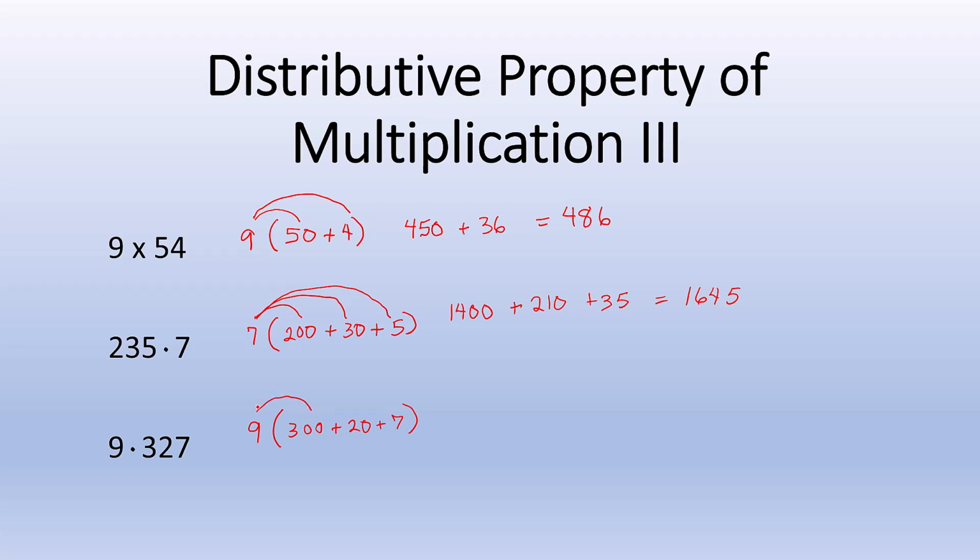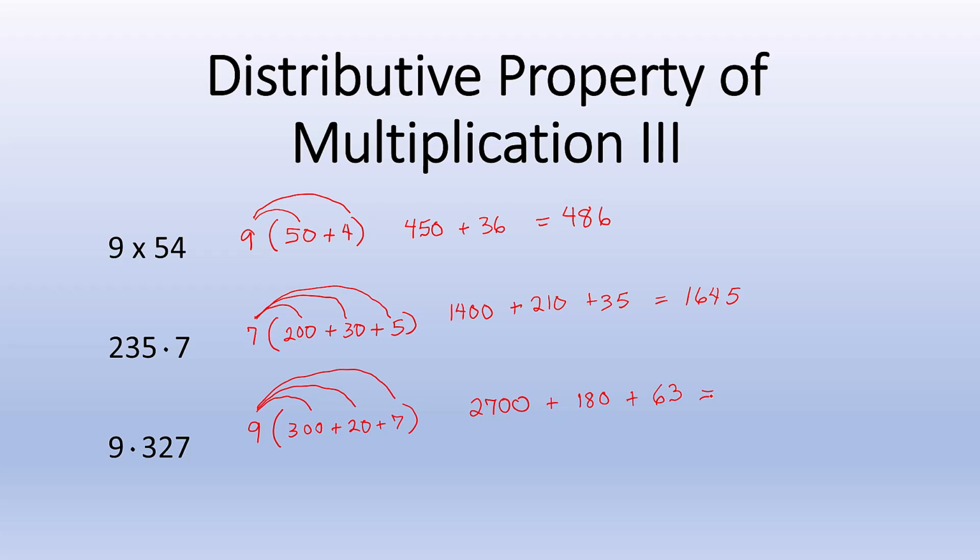Let's do the third one. 9 times 300, 9 times 20, and 9 times 7. 9 times 300. 9 times 3 is 27. I add 2 zeros at the end. 9 times 2 is 18. I add a 0 at the end. And finally, 9 times 7 would give me 63.